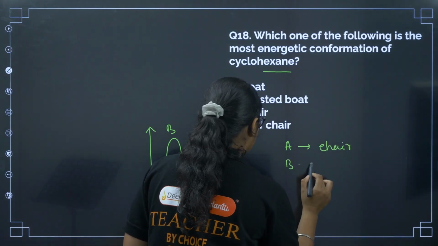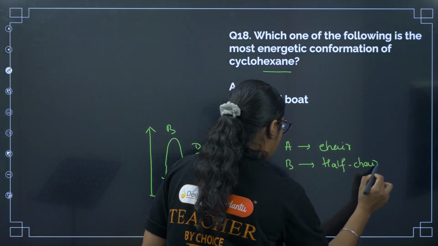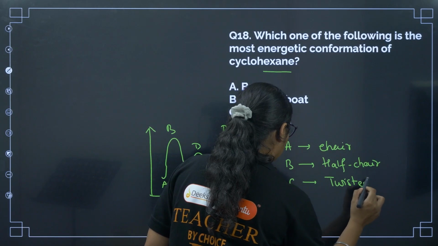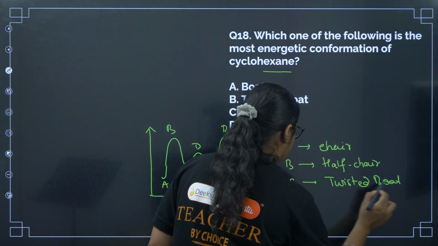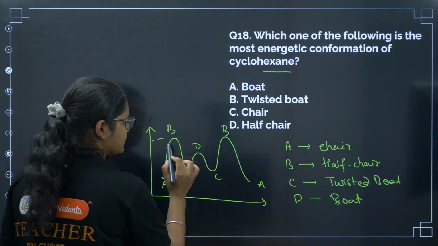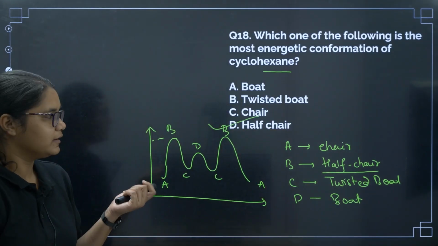B is half chair, and then C is twisted boat, and D is boat configuration. So you can see this is the highest energy, that is your half chair. So the correct answer for this question is option number D.